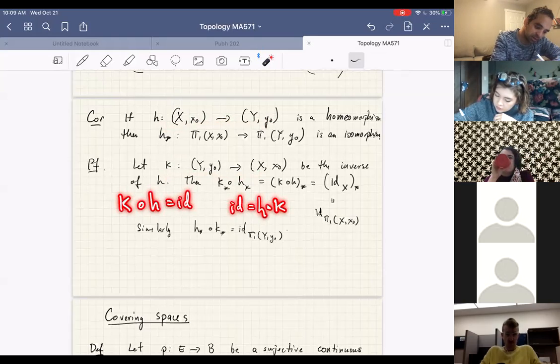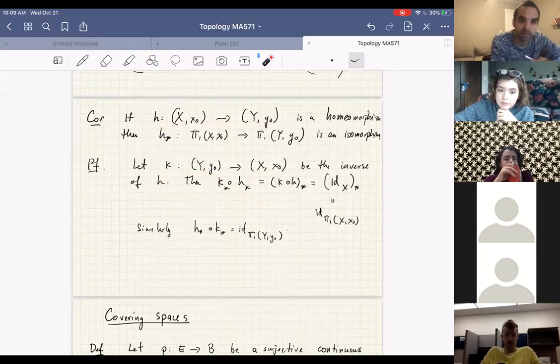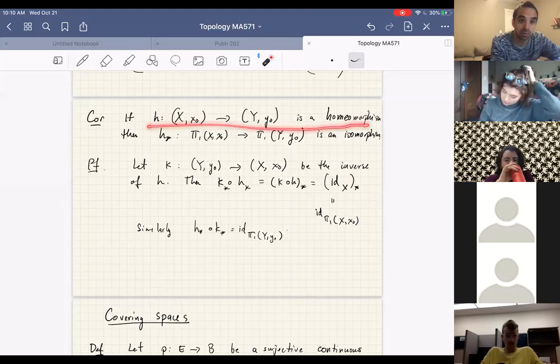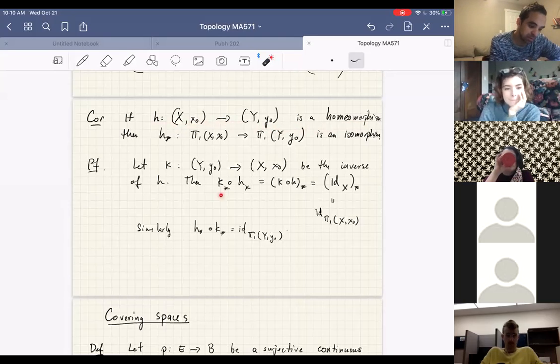Both compositions of K and H are the identity. That's what it means for K to be an inverse, right? And by definition, if H is a homeomorphism, there's a continuous inverse. So I can just compose them.